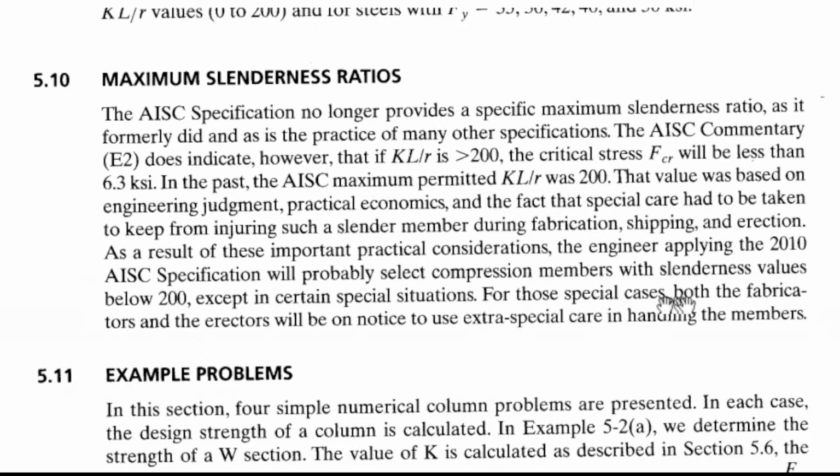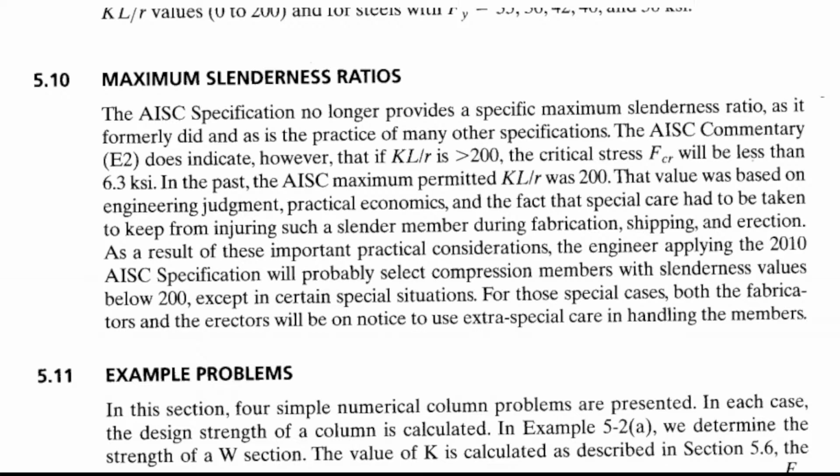For those special cases, both the fabricators and erectors will be on notice to use extra special care in handling the members. Okay? Maximum slenderness ratio, 200, in the past. So if you use that, Fcr will be about 6.3 ksi.